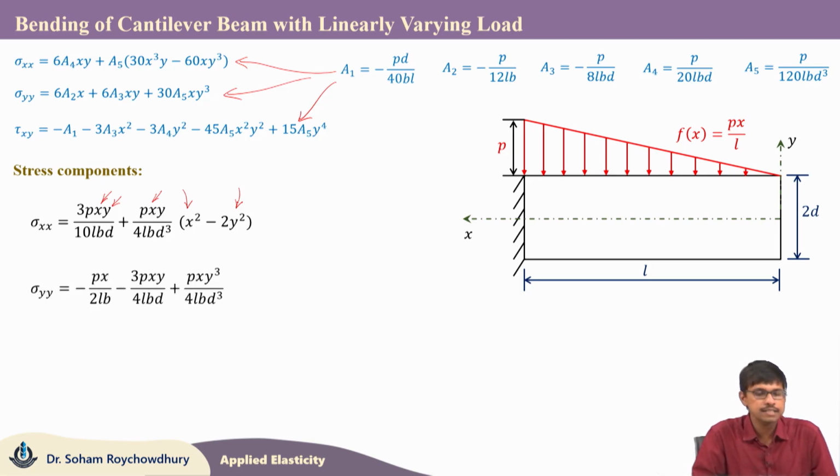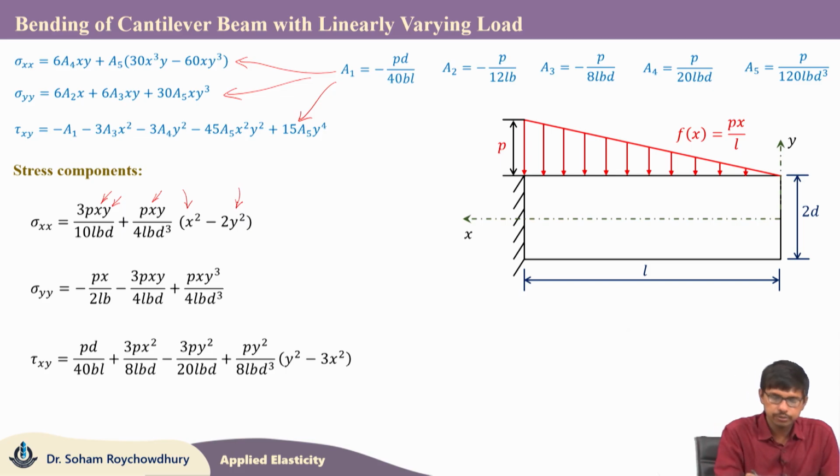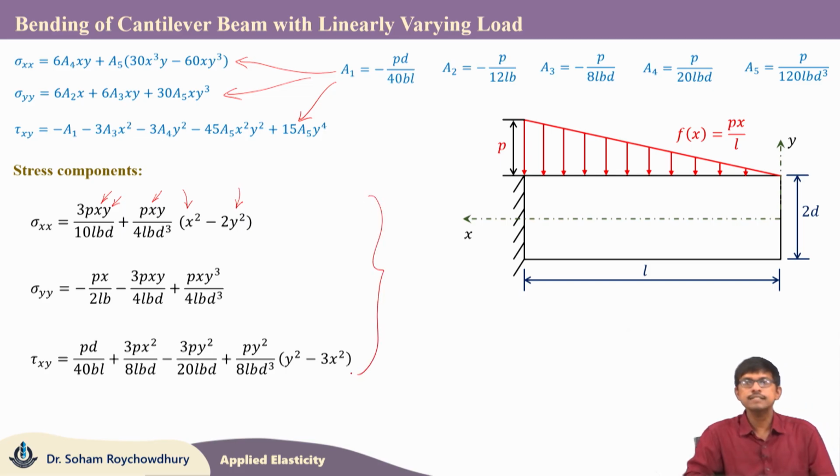Then similarly, substituting the constants in sigma yy and then in tau xy, you get this equation. So, in total these 3 expressions of sigma xx, sigma yy and tau xy give us the stress components generated for the cantilever beam subjected to linearly varying load.